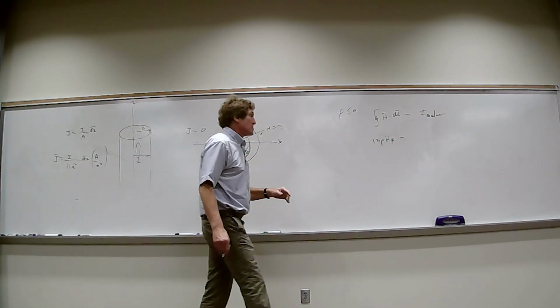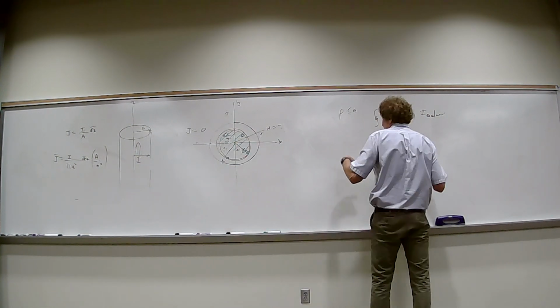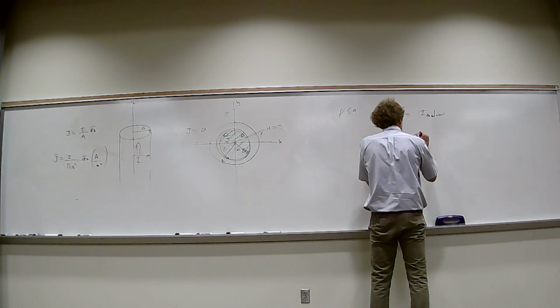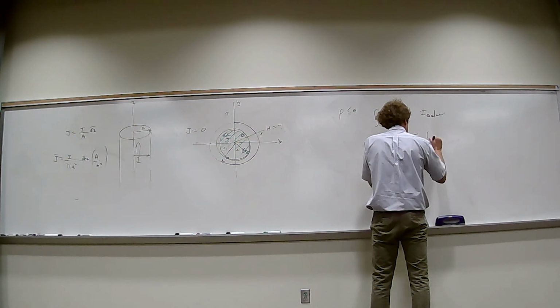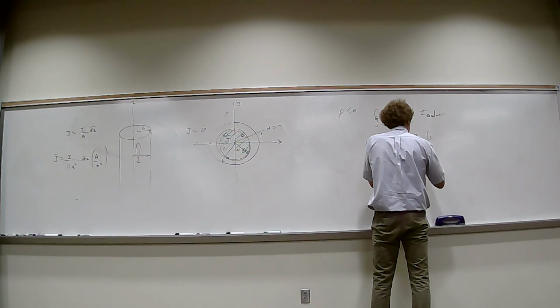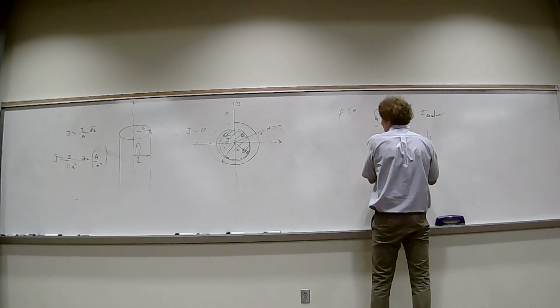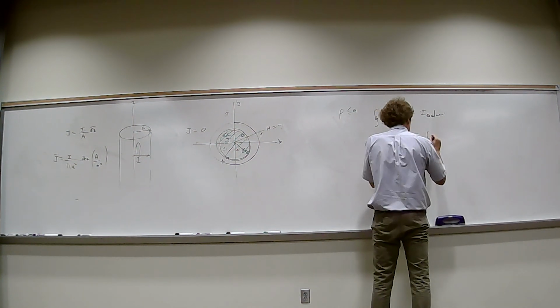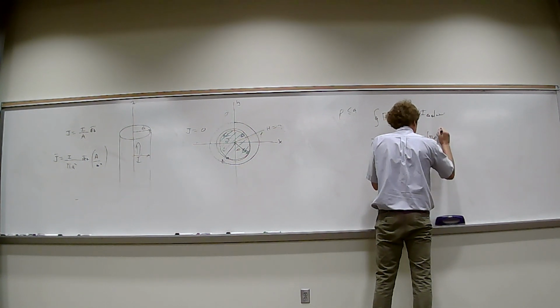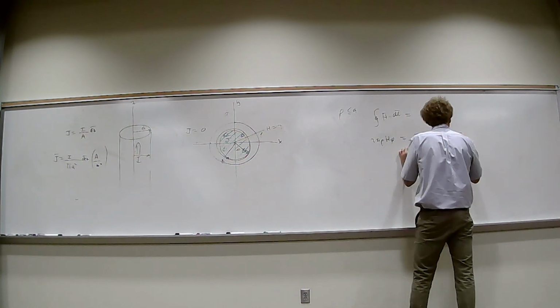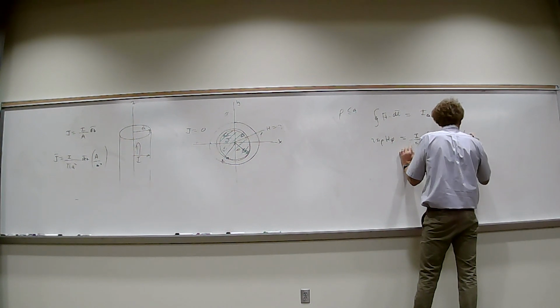So over here, the amount of current flowing there would be I over pi a squared, my bad, times pi rho squared. And you can see that's really going to be I times rho over a, squared.